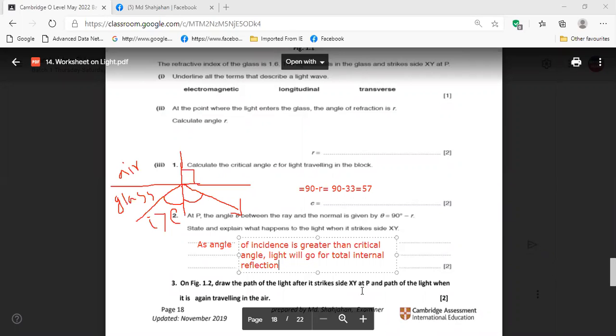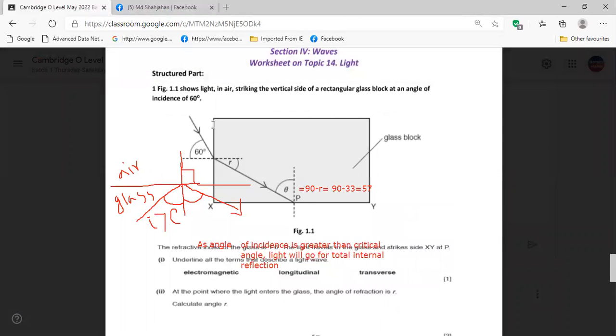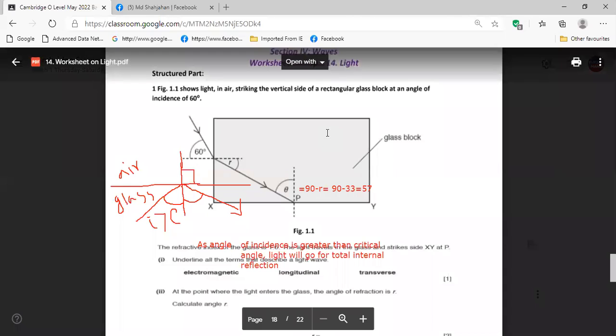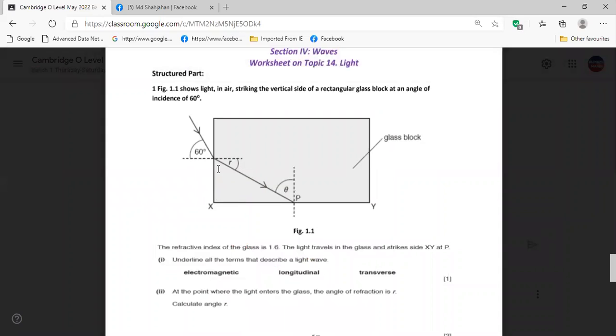Okay, so what we have to do, we have to go there. Please use your ruler. You draw this diagram. If you have the worksheet, that is fine. If you don't have, you draw it again on your copy.